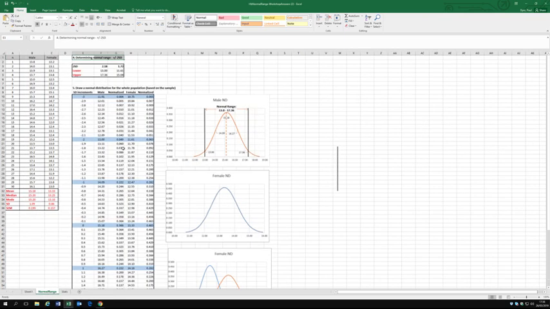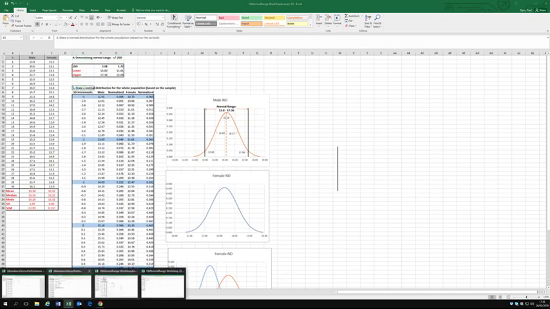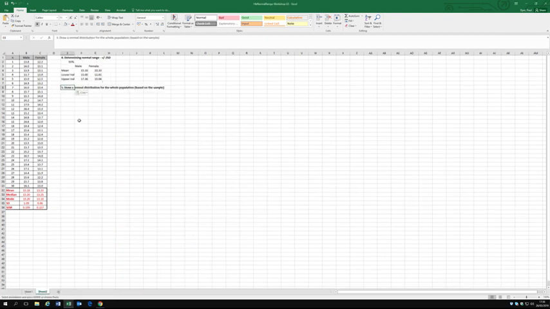Now the next thing is a little bit more complex in terms of defining the normal distribution based upon this sample. Normal distribution is defined by your standard deviation and your mean.